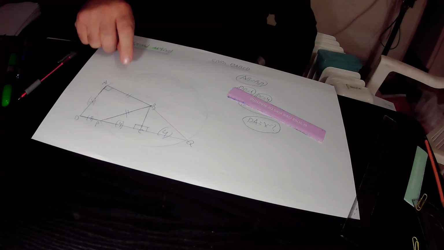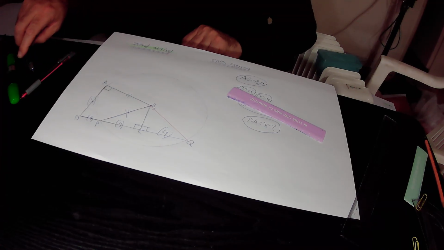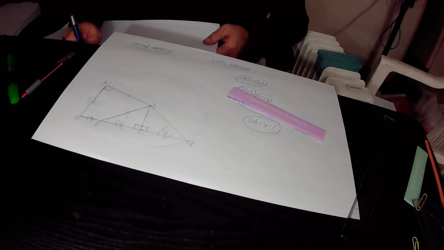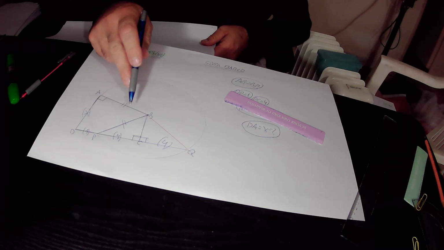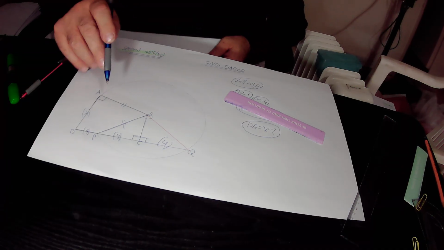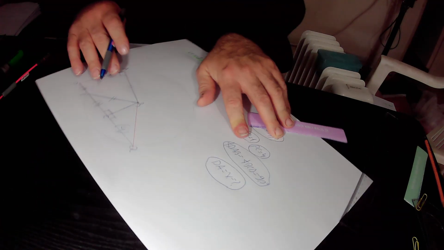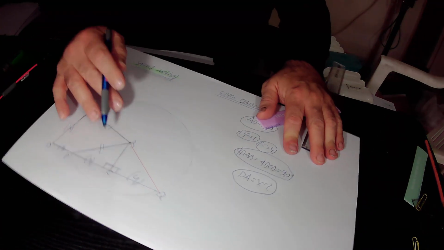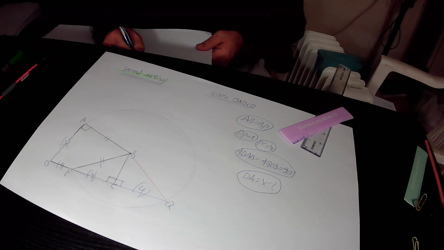So we have to prove that this right triangle PBC can go to this right triangle BCQ according to the side angle side rule.